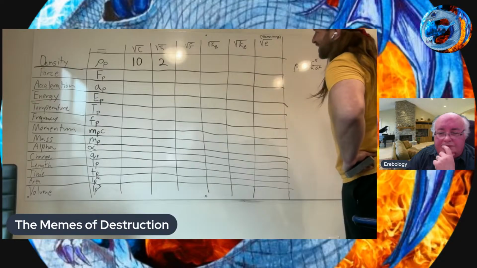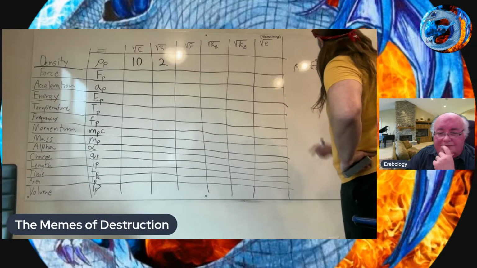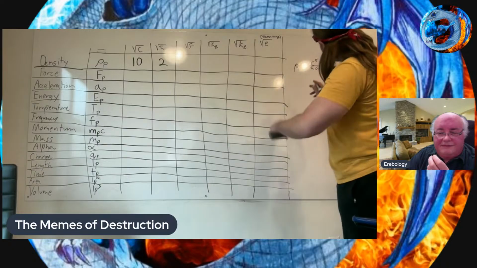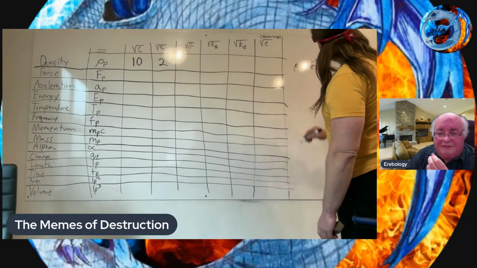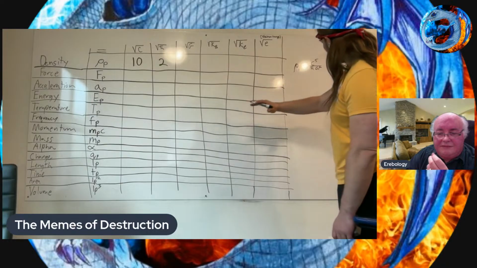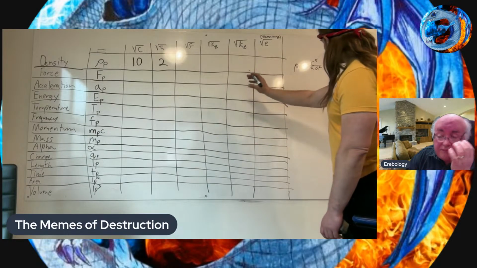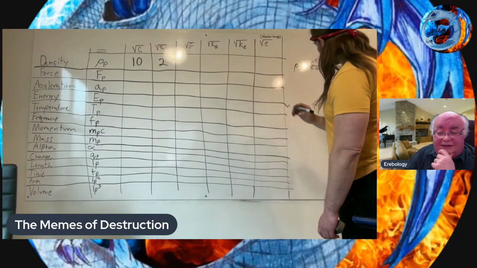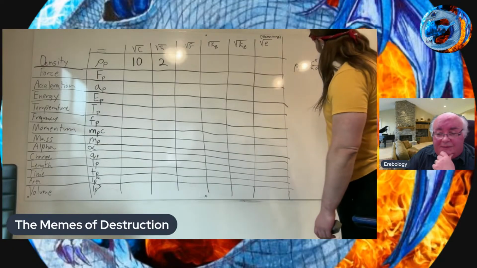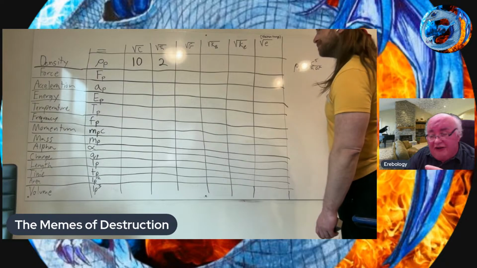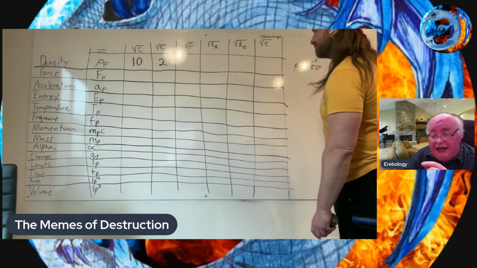That's a good question. Is it because h bar is a mass area rate? You don't have to think about it. Do you notice something different about the c to the 5th and the h bar when you look at it?